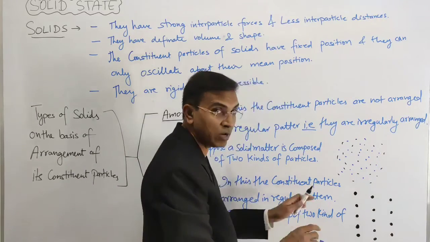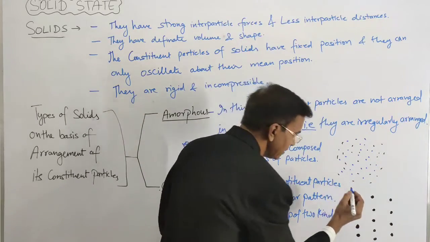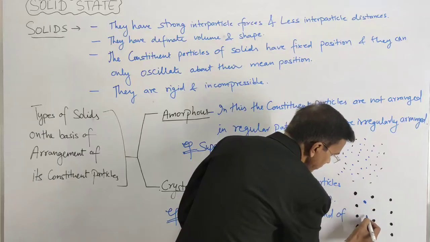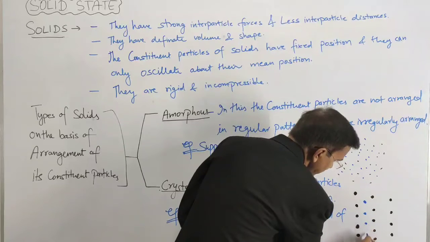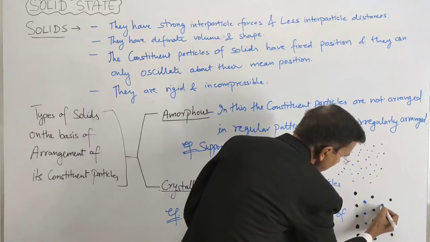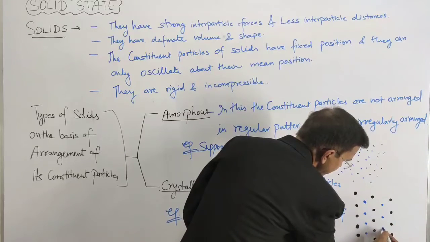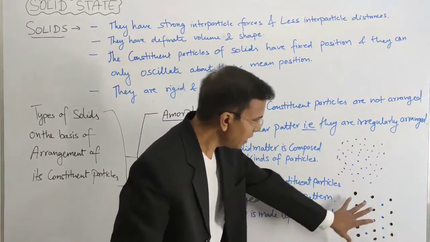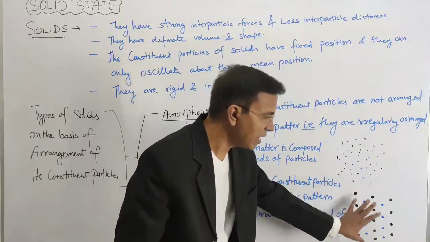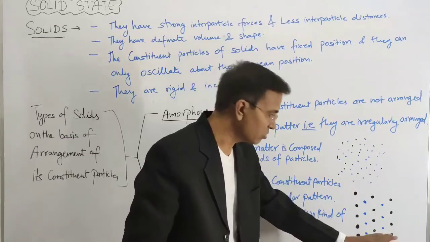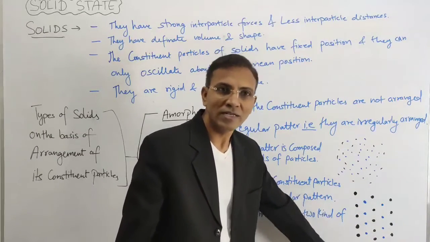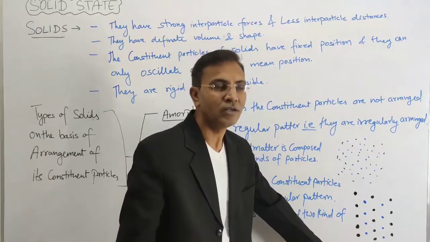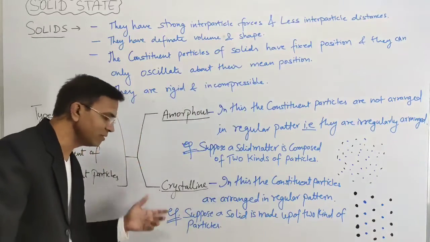So this is a regular pattern. Now the second particle. So they are regularly arranged. They are arranged in a fixed pattern. So this kind of solid matter is called the crystalline solid.